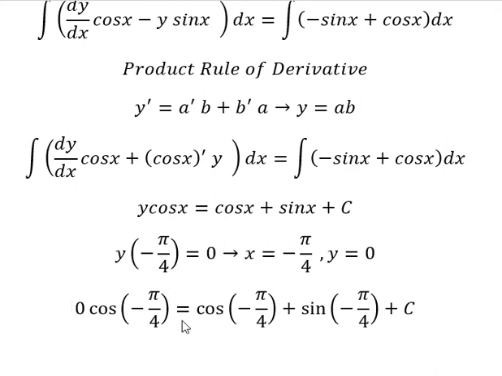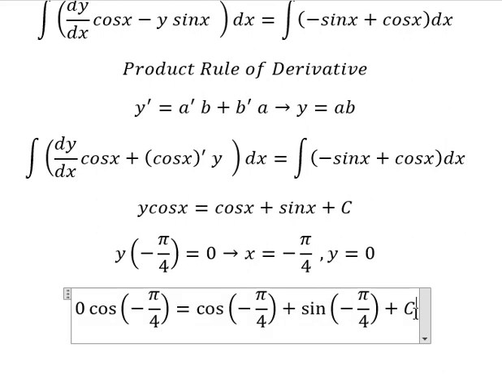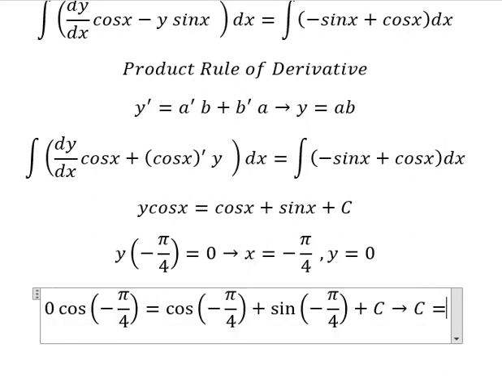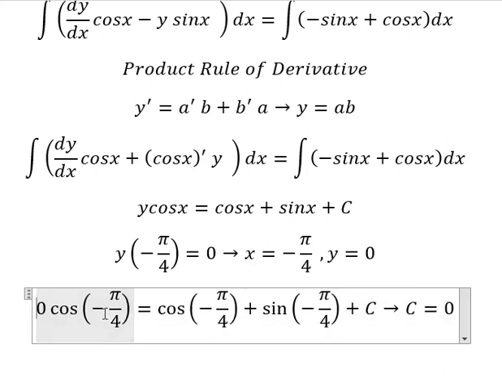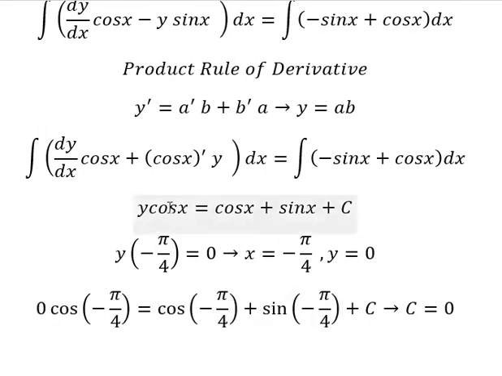So if we simplify everything, we can find that c equals 0, because this one you got 0, and this one in here you got 0. And now we can put it like this.